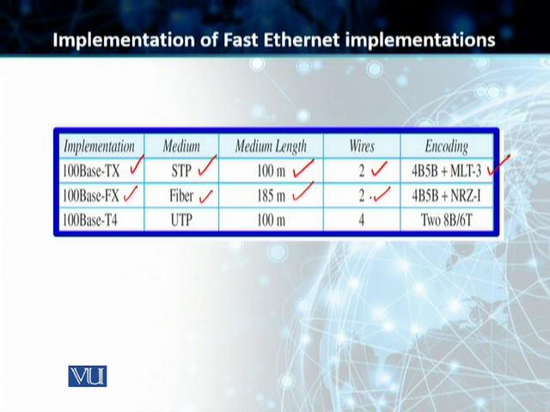We use 2 fibers, 4B/5B, and a combination with NRZ-I. And the last one is 100 base T4. Students, we use UTP, 4 pairs of UTP. In this case, the maximum length is again 100 meters, and we use 8B/6T encoders in this particular case.